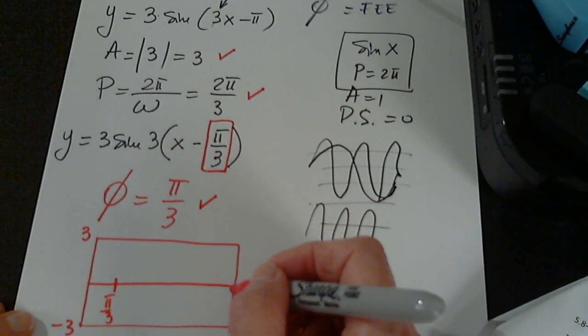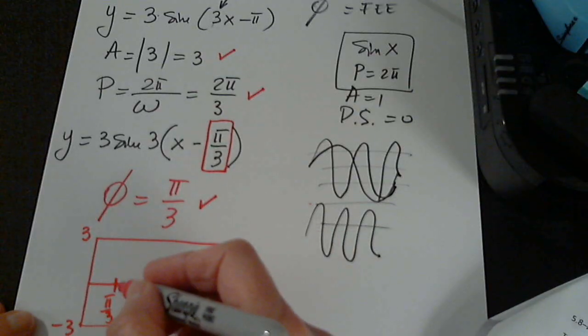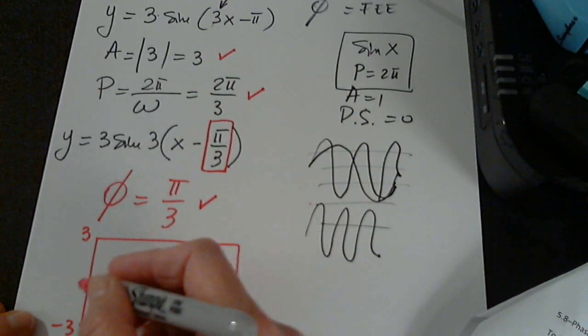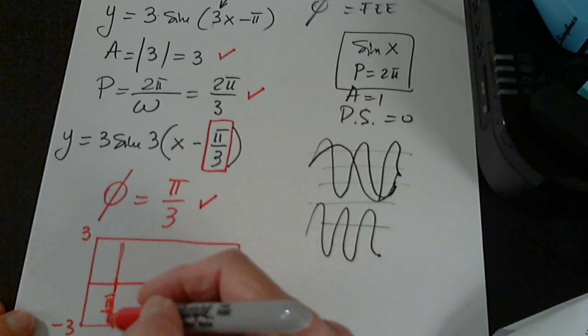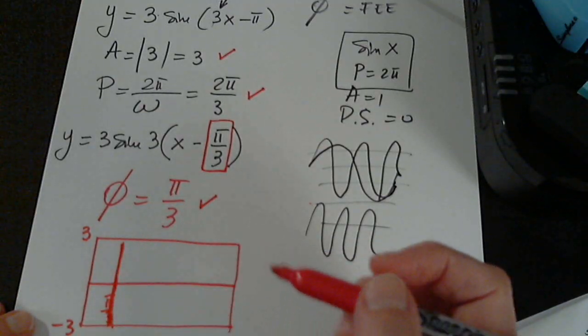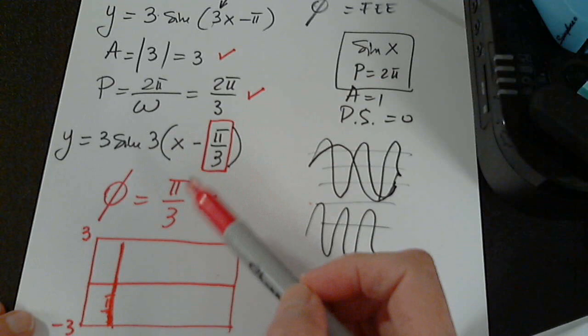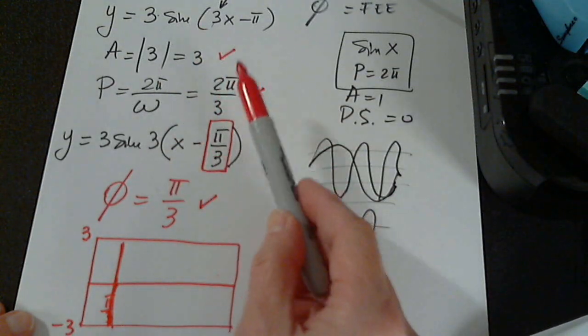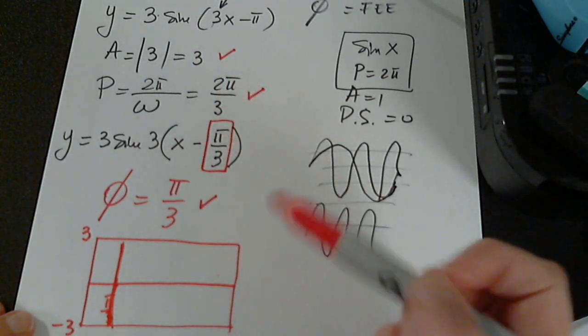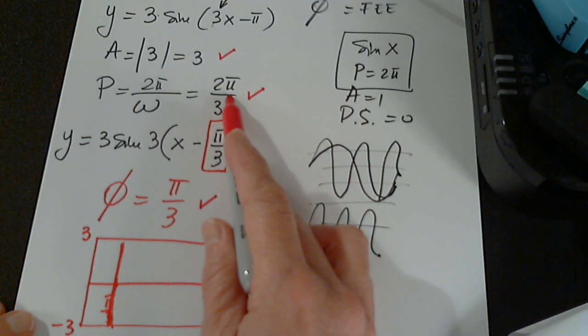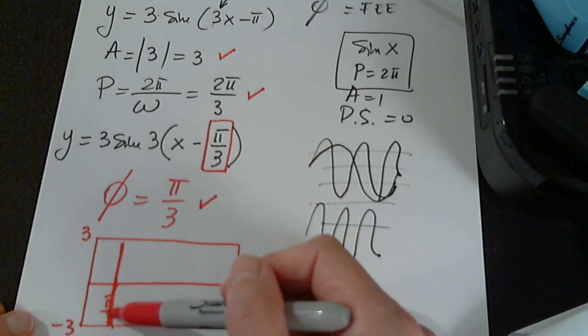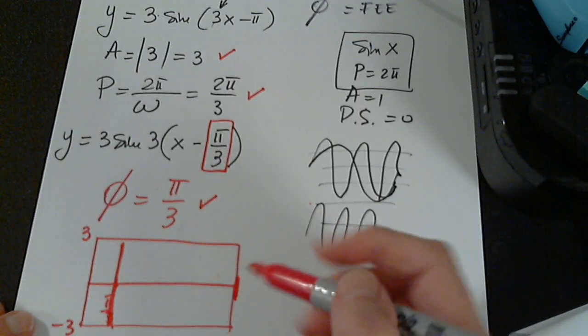So my pi over 3 will be right here at the beginning. That's my starting point. Then I have to add to pi over 3 the period, so I know where to end. So 2 pi over 3 plus pi over 3 is pi.